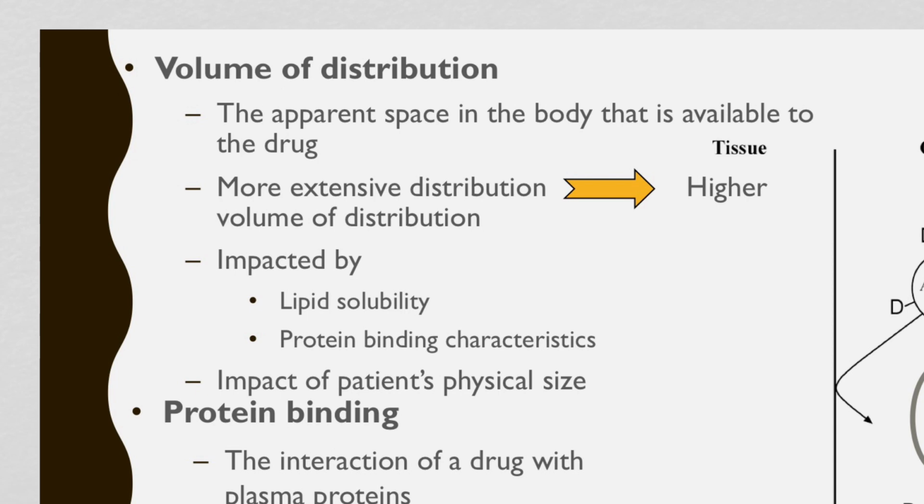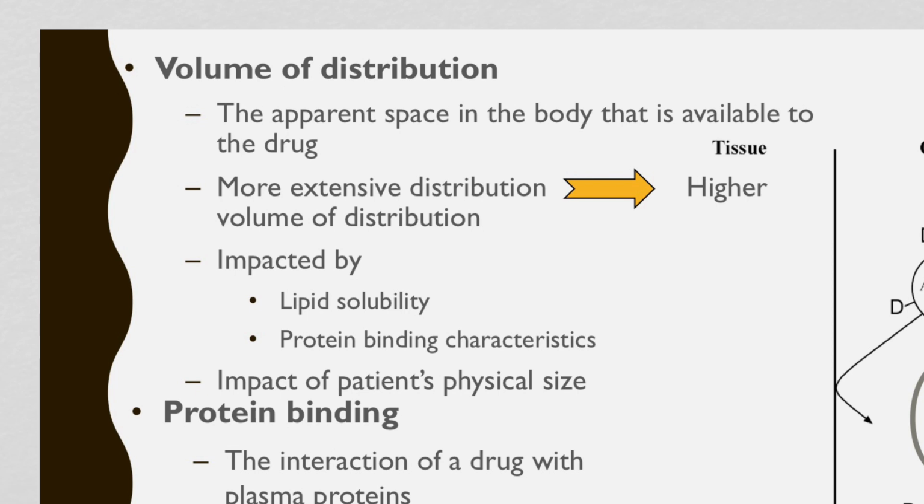And that has to do with receptor sites, right? Some drugs are going to be more selective to specific receptor sites, and some are not going to be selective at all and can bind to more receptor sites throughout the entire human body. So one of the questions that we always have is, how much of the body is actually available to the drug? We can probably presume that the more extensive the distribution, the larger the volume of the drug.